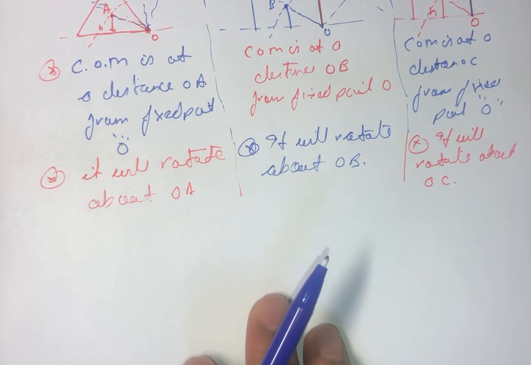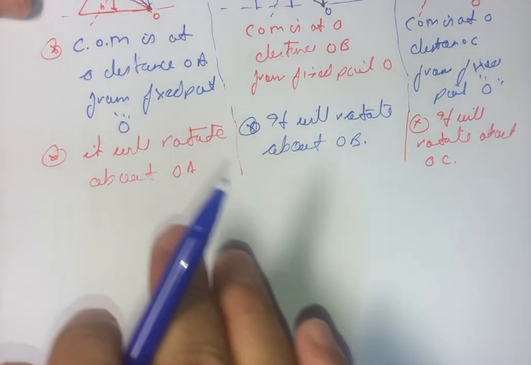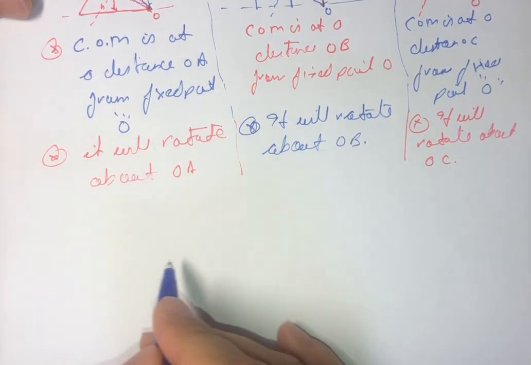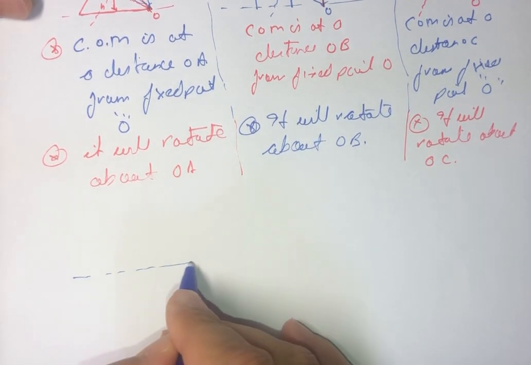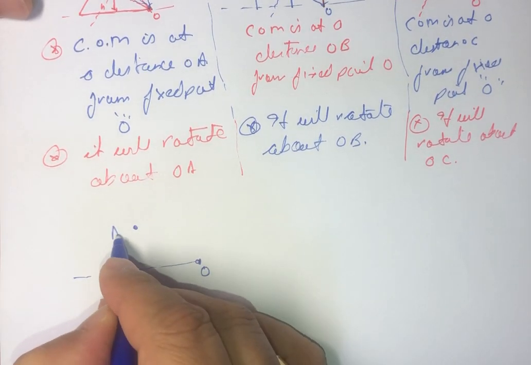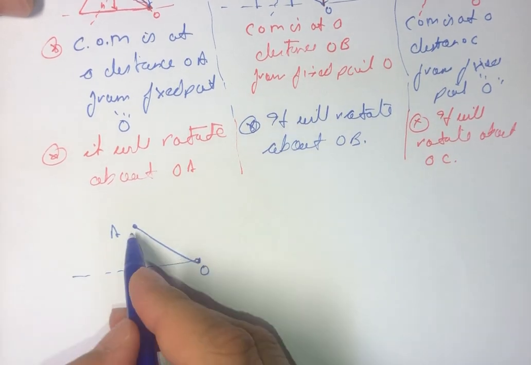So let us redraw only the rotation part. In the case of the triangle, this is point O, this is point A, and let us join it like this.